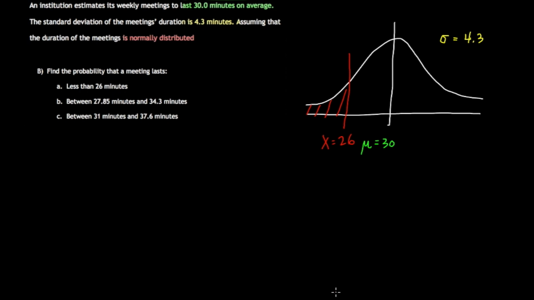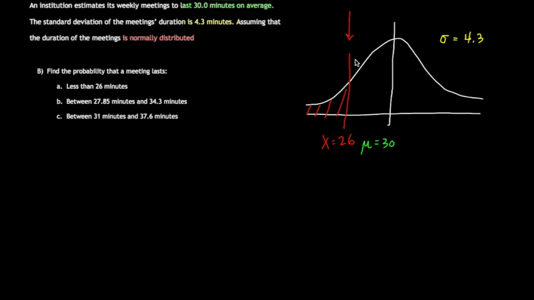Now the reason why probabilities are areas under the curve, a second reason I should say, is because the probability at a given point, so if I was just to say, what is the probability that the meeting lasts exactly 26 minutes? At that given point exactly, the probability is 0, okay? Because you're looking at 26 right here at this specific point.